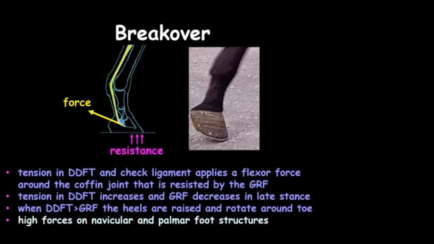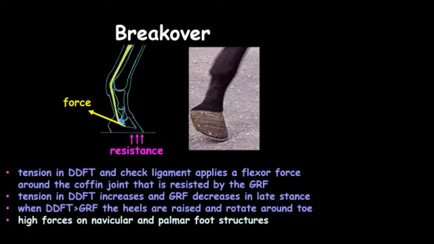And the fact that it goes around the navicular bone changes the direction of the force that's applied. So the force applied by that deep flexor tendon is acting mostly in a caudal direction. It's trying to flex the coffin joint.